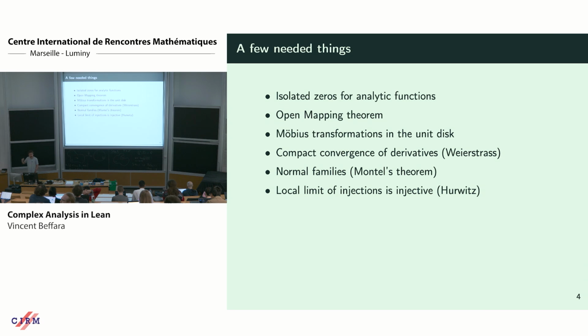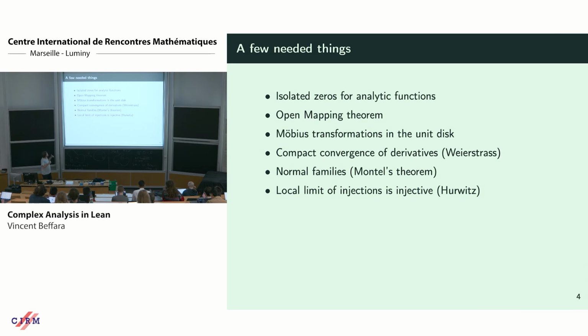So this is essentially the list of basic theorems of complex analysis that we needed. We need something about isolated zeros of analytic functions and the open mapping theorem, and these come as a package, like the way to prove the open mapping theorem. One of the ways, the one I know, uses the isolated zeros. You need Möbius transformations of a unit disk to be able to move points in the image and manipulate the thing in the second step.